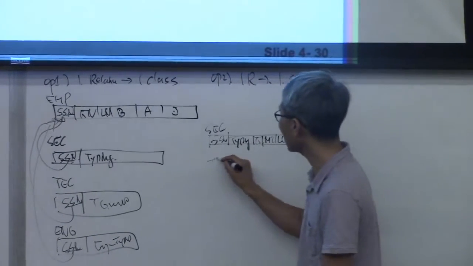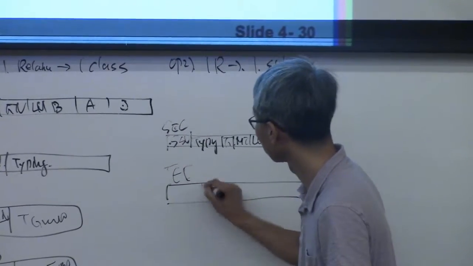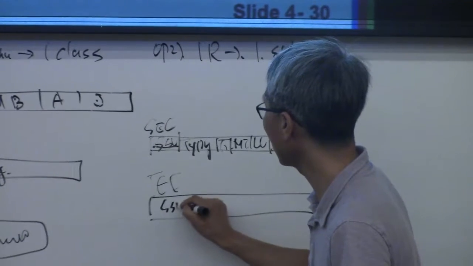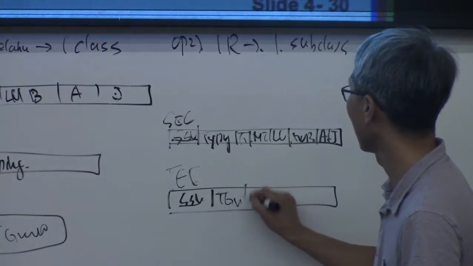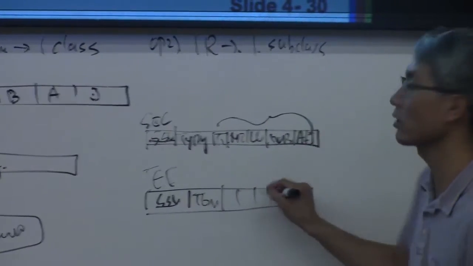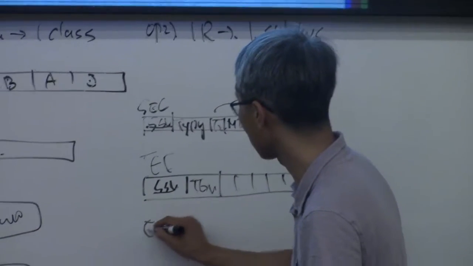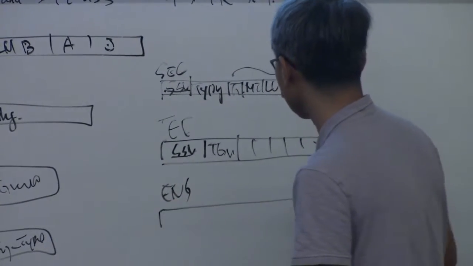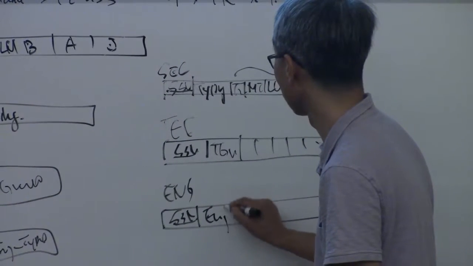And for the technician, we can create the technician with SSN as a primary key, and the T grade, and the same thing. We can have the same attributes here because it's inherited. And similarly, we can do the engineer with social security number and engineer type.